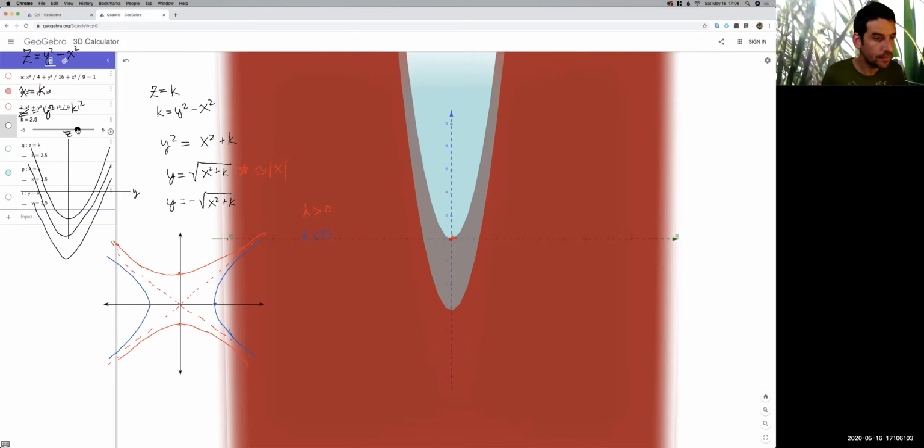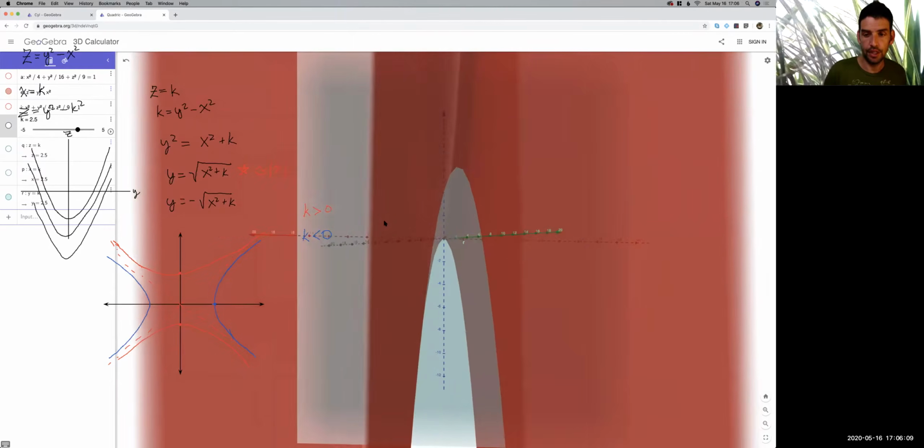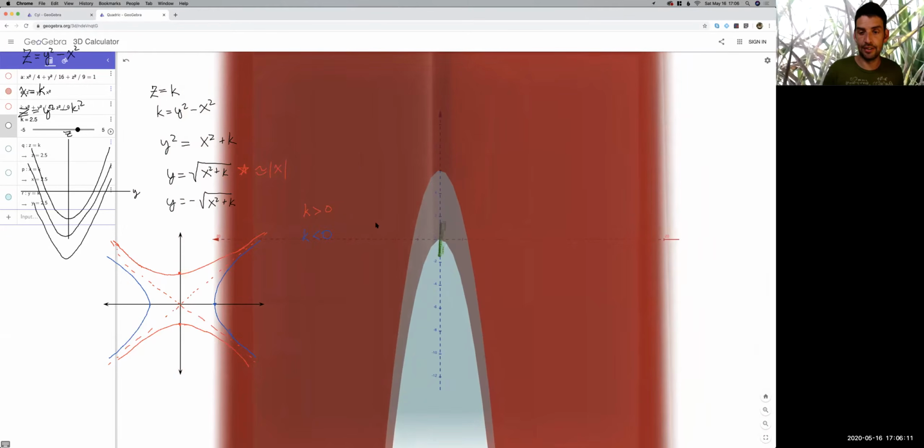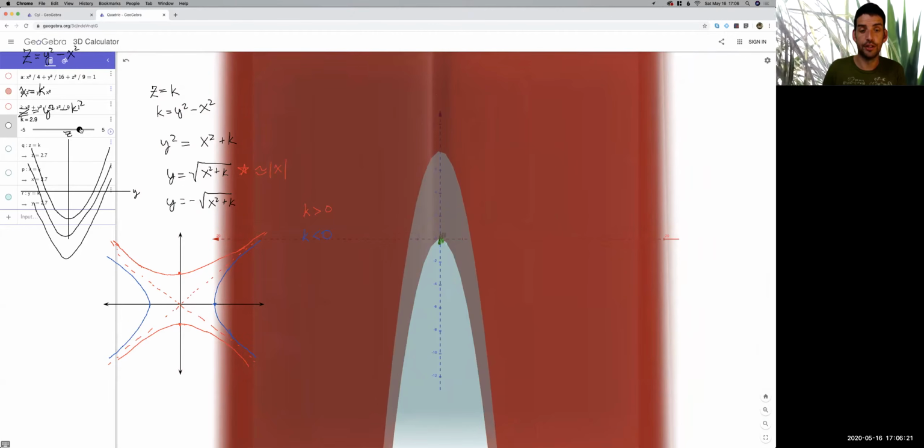On the other hand, let's do y equals a constant. Remember, we said we would get downward facing parabolas and they would be raised above the x-axis depending on the value of k, and that's what we're seeing here.